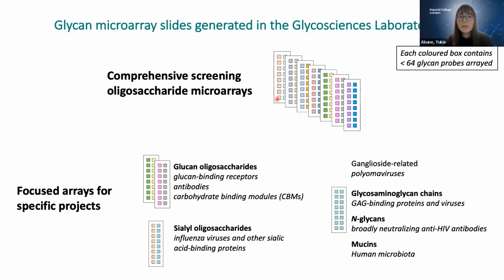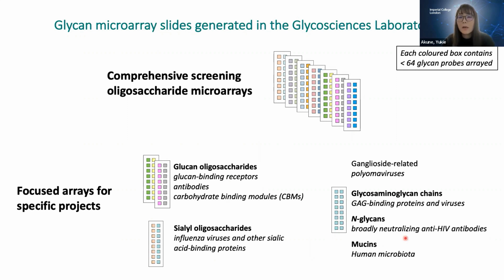So this big screening array has about 900 glycan probes. We also have several types of focused arrays for specific glycan binding samples, like glucan oligosaccharides focused arrays, or N-glycans focused arrays, or mucins, etc.